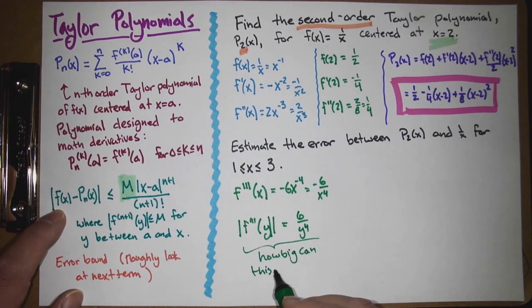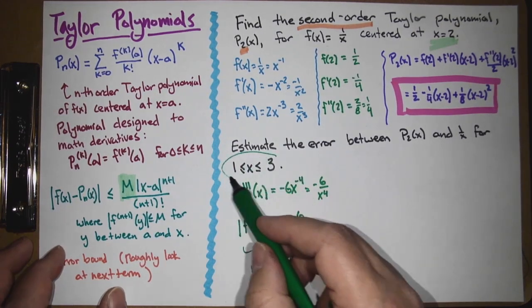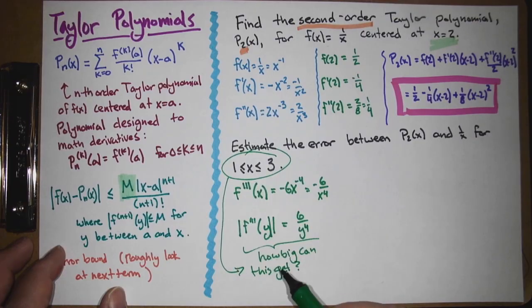Now, you might say, Steve, I have bad news. Because you have this divided by y to the 4th. That could get huge. But I don't need to look at all the values for y. Which values do I care about? 1 to 3. So how big can this get between 1 and 3?